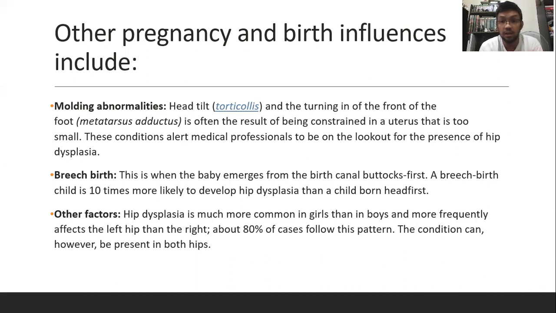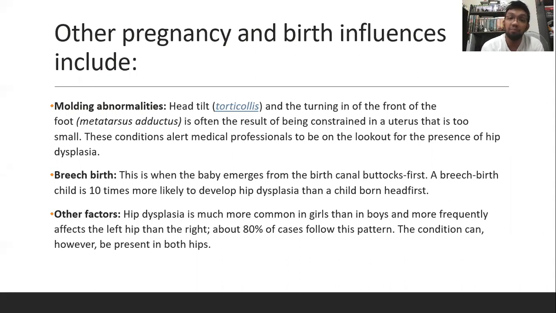Either torticollis, we will have a separate discussion for this, wry neck, later on, or the turning in of the foot, metatarsus adductus, can result, and even hip dysplasia. If these conditions are present, medical professionals should also be on the lookout for the presence of hip dysplasia. So these are other conditions that can occur because of a small uterus, most likely for teenage mothers.